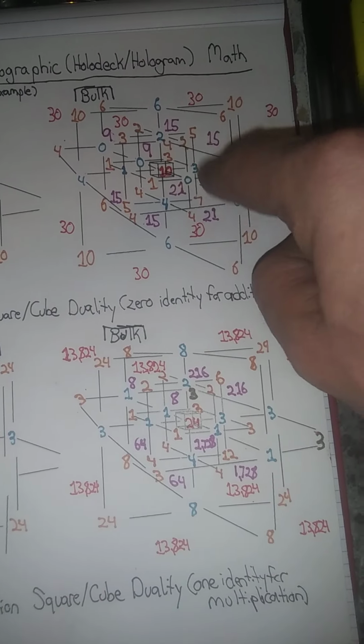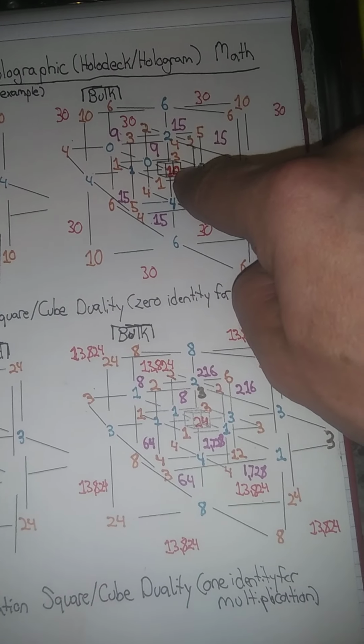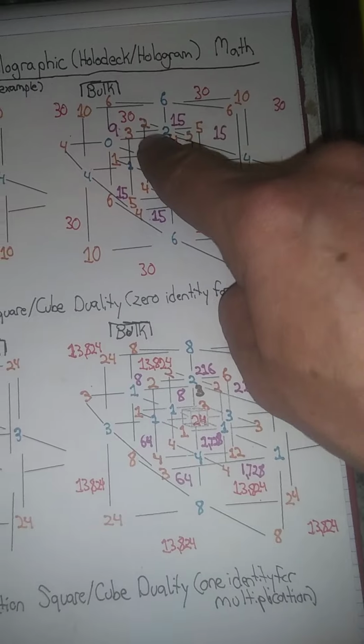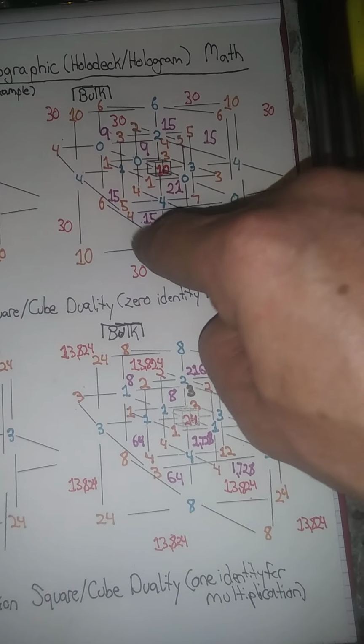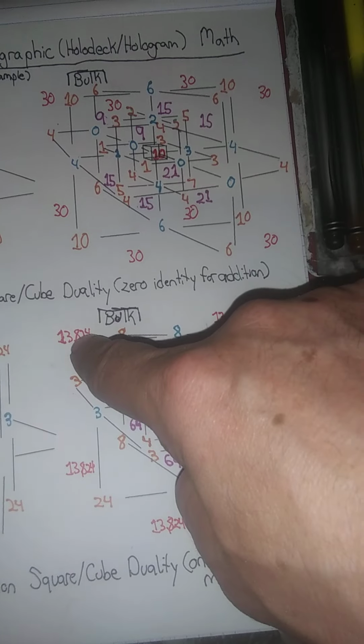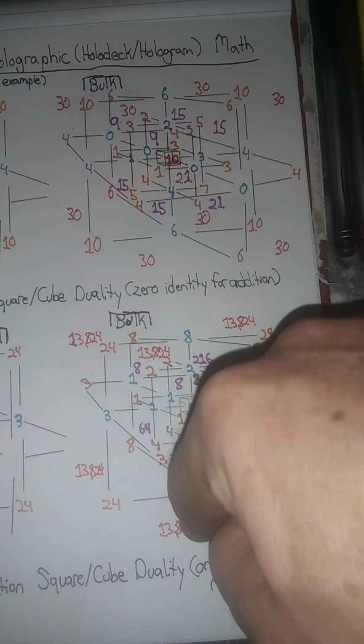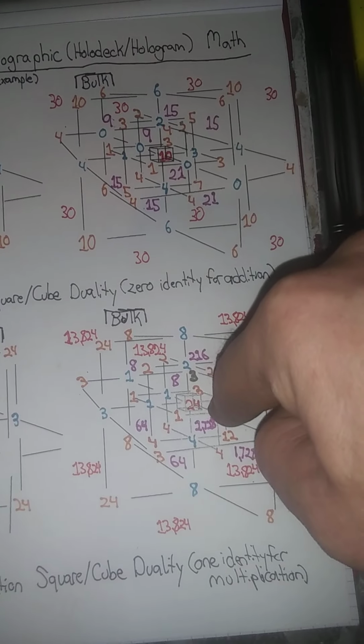That describes the inner cube. And so this is the hologram. The purple numbers describe the holodeck, and the outer red ghost numbers describe the cloaking numbers.